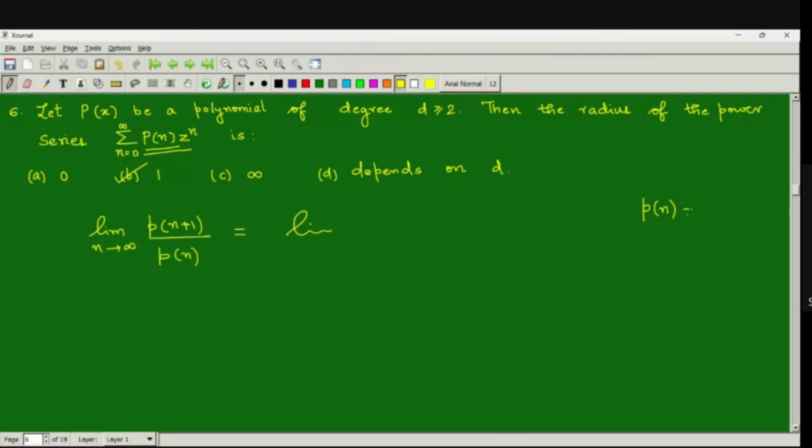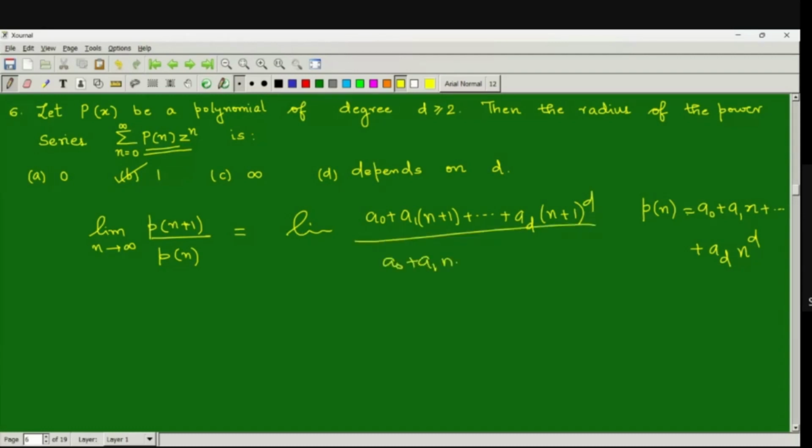Let this be a naught plus a1 n plus etc. plus ad n power d, because it's of degree d. So the numerator is a naught plus a1 into (n plus 1) plus etc. plus ad into (n plus 1) power d, and the denominator is a naught plus a1 n plus etc. plus ad n power d.